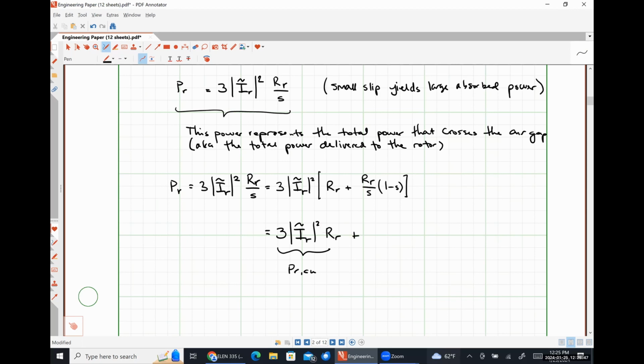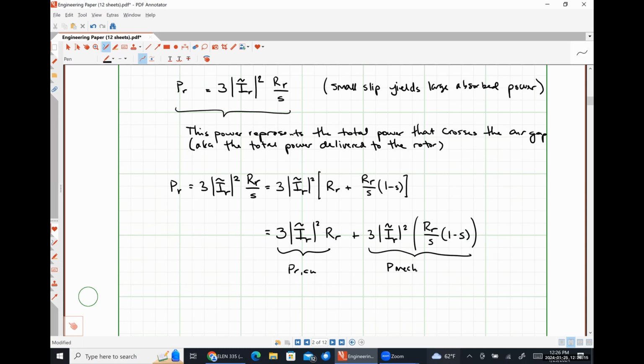And then we have 3 times the magnitude of our rotor current squared times that quantity, rotor resistance divided by slip times 1 minus S. And so this guy over here is actually our mechanical power that's delivered to the rotor.